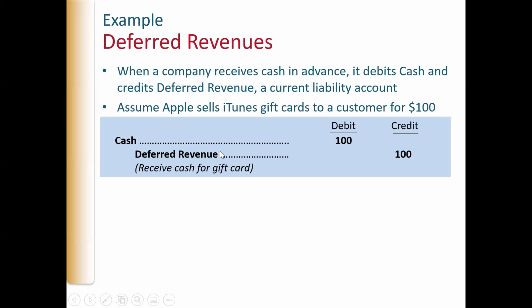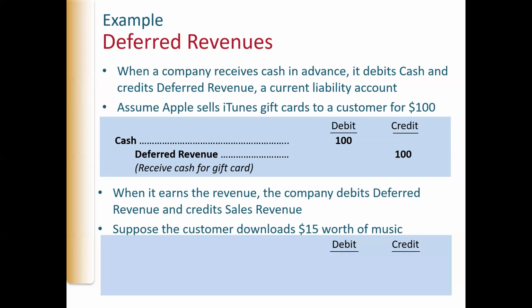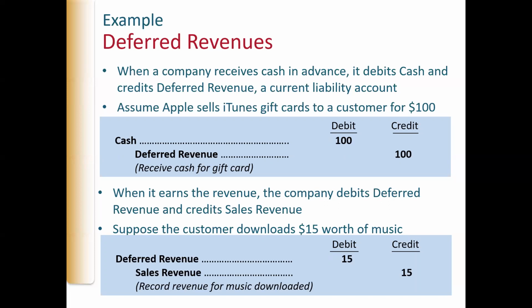Apple will debit the cash and credit the deferred revenue of $100. When it finally earns that revenue, the company will debit the deferred revenue account and credit sales revenue. So if a customer then downloads $15 worth of music, at that time we debit the deferred revenue and credit the sales revenue.